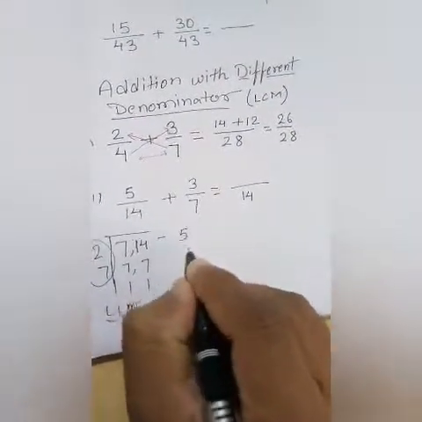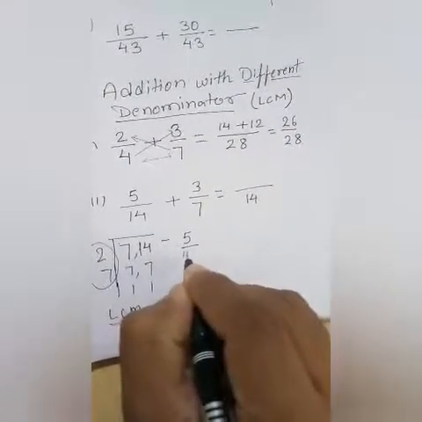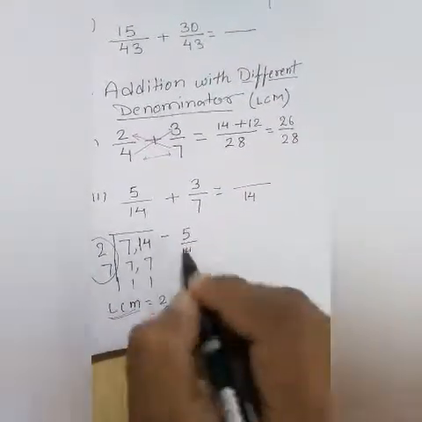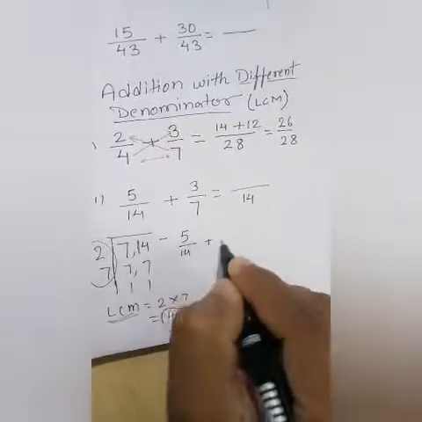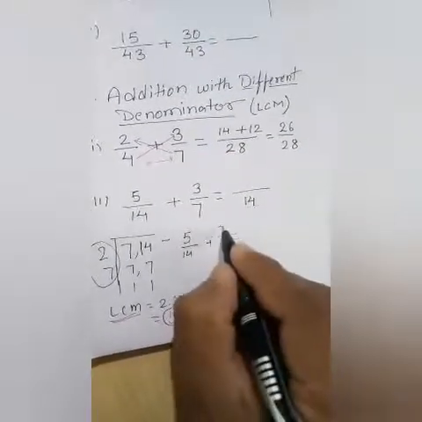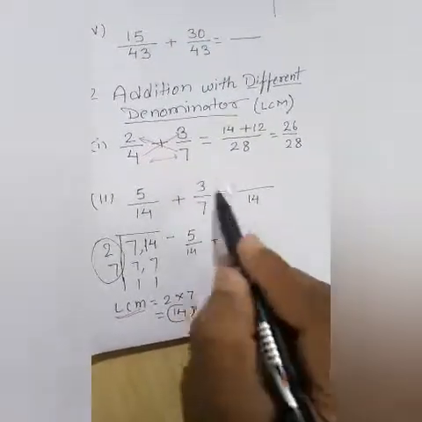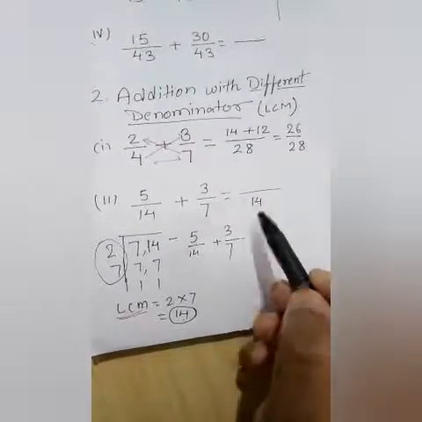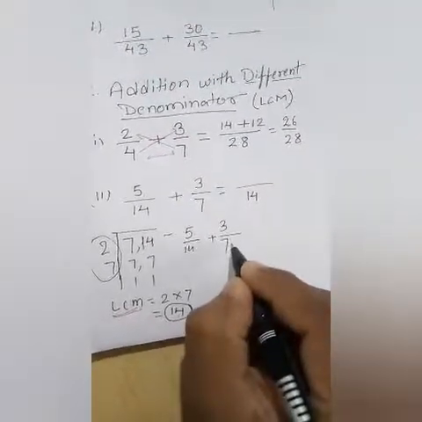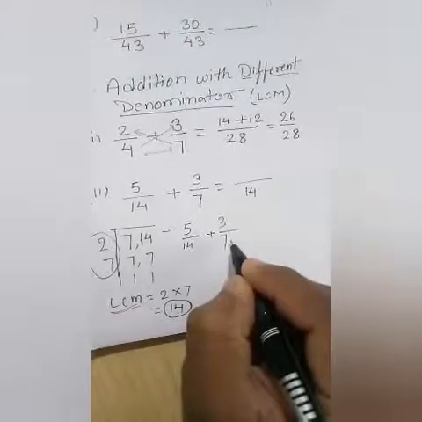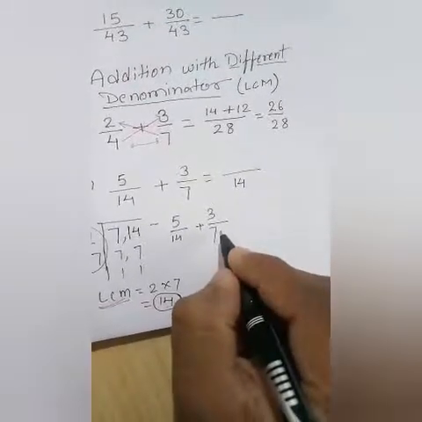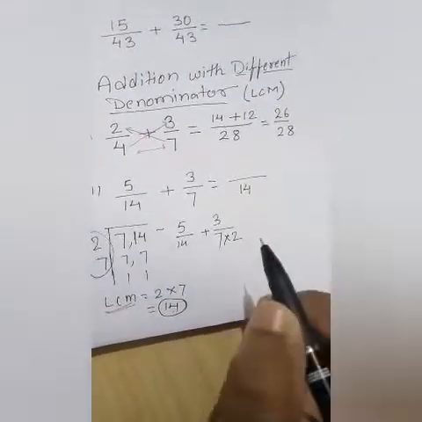5 upon 14 multiplied with 1, you get the same as it is. Okay, next step. Now 3 by 7, you have this fraction. Now 7 to make 14, what will you multiply in the denominator? What 7s are 14? Yes, 7 2s are 14, exactly.